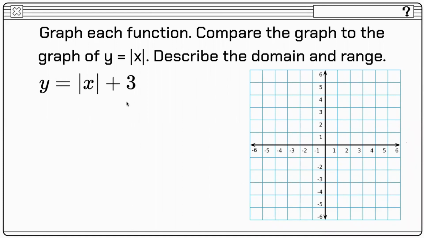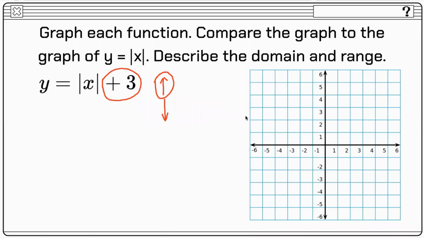Keeping in mind our general guide to translations, remember that whenever you're adding or subtracting a value outside of the absolute value, then that means you're doing a vertical translation up or down. In this case, we're adding, so that means we're going to go up however many units. So we're adding 3 units to absolute value of x, and so that means we're going to translate all of our points up 3 units.